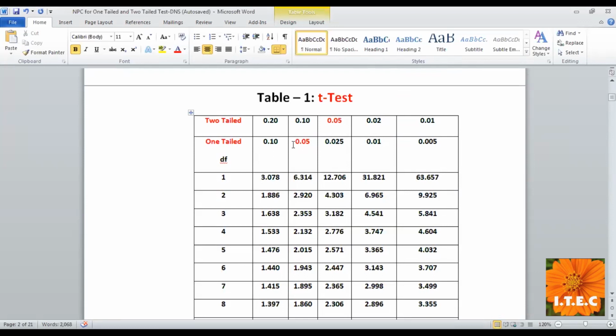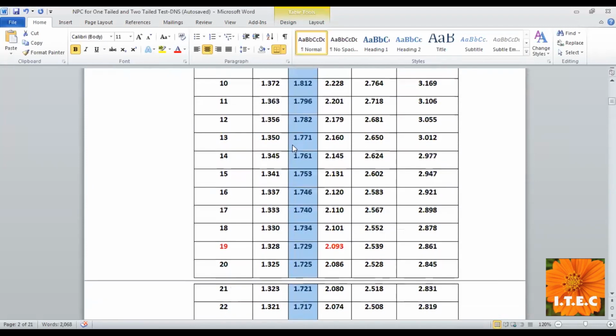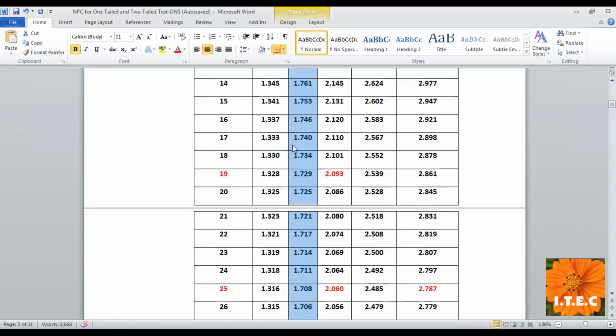So let me give you the table. My df was 25. So this is the value which is given here under 0.05, and this is the value which is given here under 0.01.